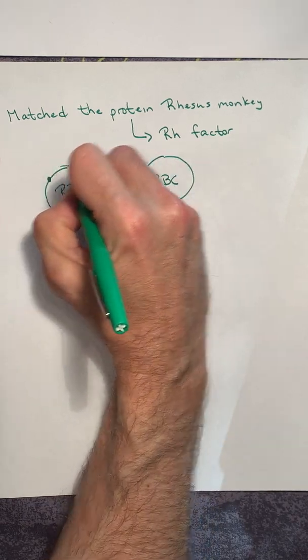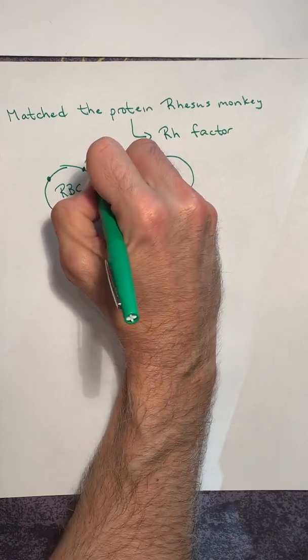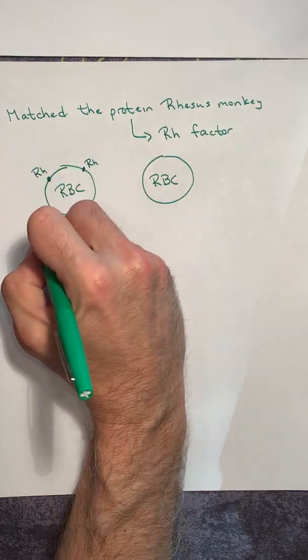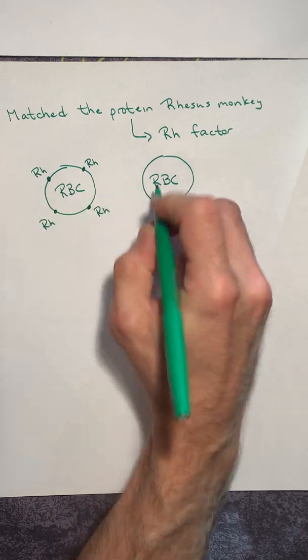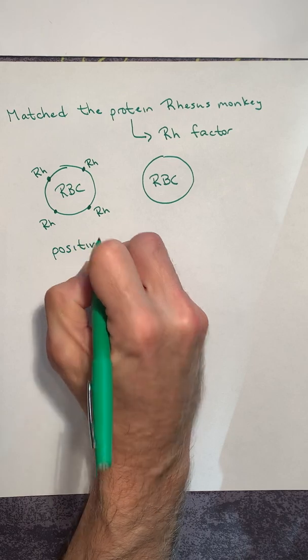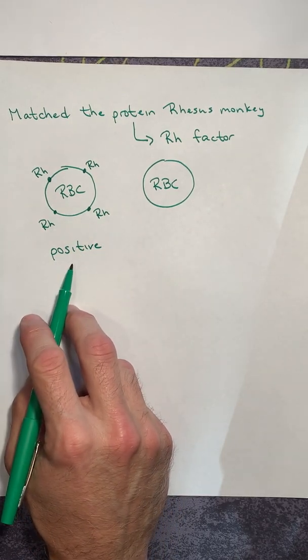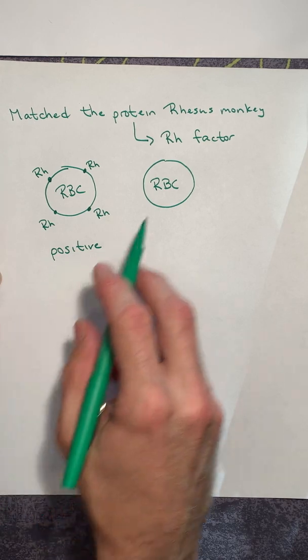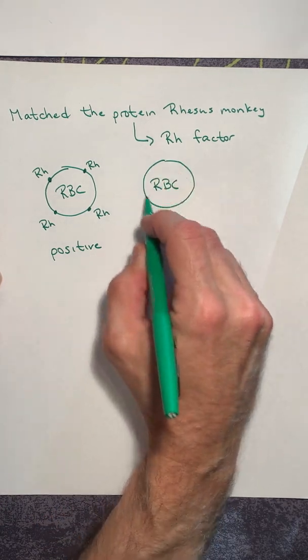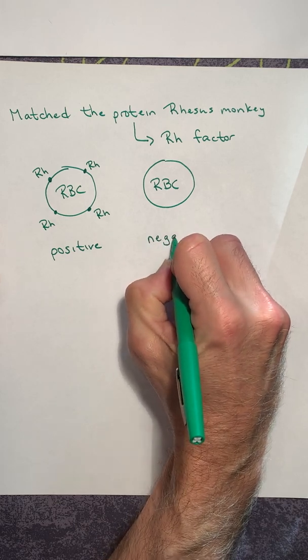If it turns out that you express the Rh protein, we say that you are positive. This would be A positive, B positive, AB positive, O positive. Fine. Well, if you don't express the Rh protein, we refer to you as negative.